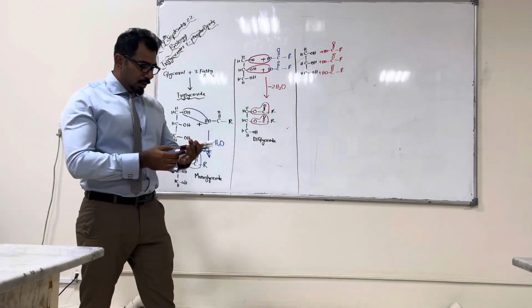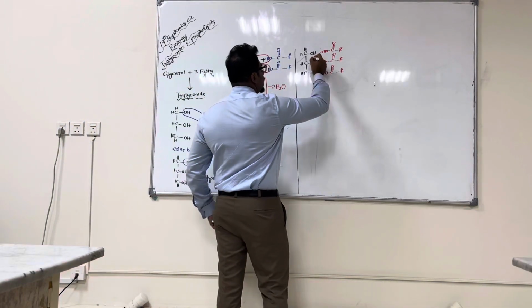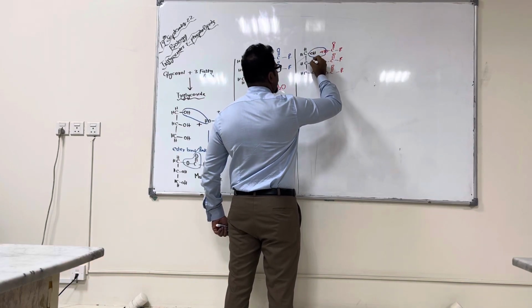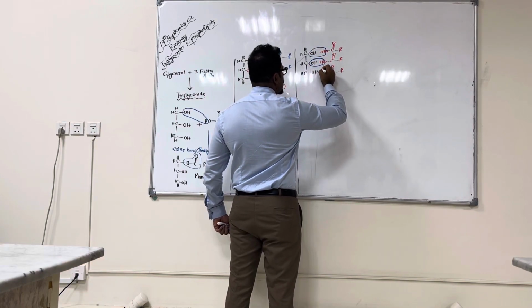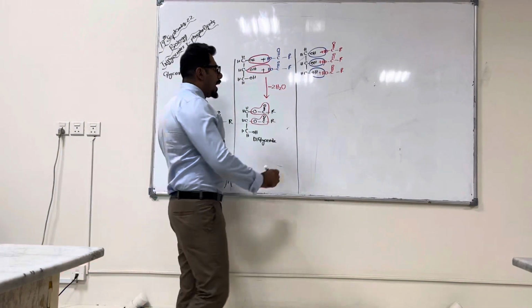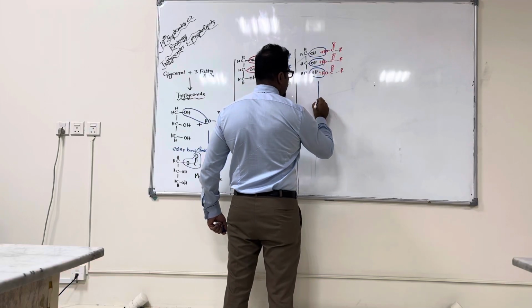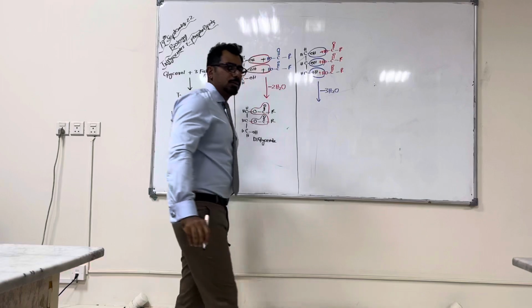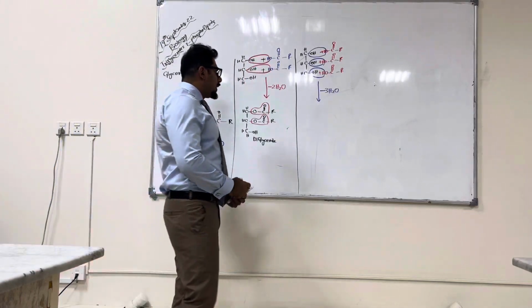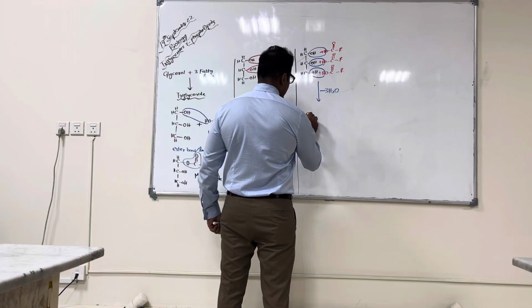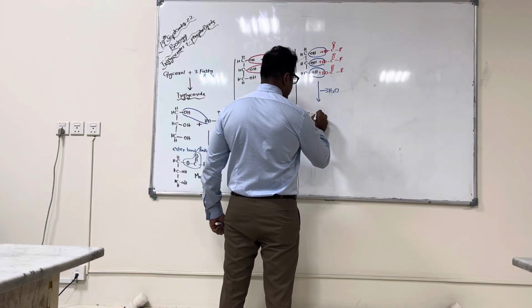Right? Now what will happen? Hydroxyl from here and hydrogen from here. Hydrogen from here, hydroxyl from here. Hydrogen from here, hydroxyl from here. Now there will be removal of how much? 3 molecules of water. And when 3 molecules of water are removed, there will be formation of 3 ester linkages.